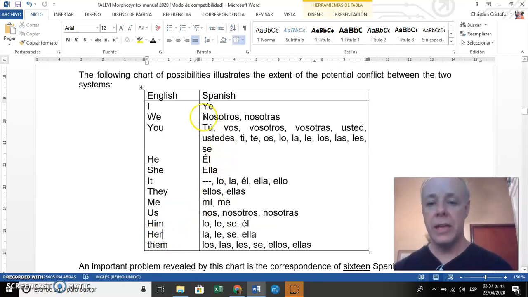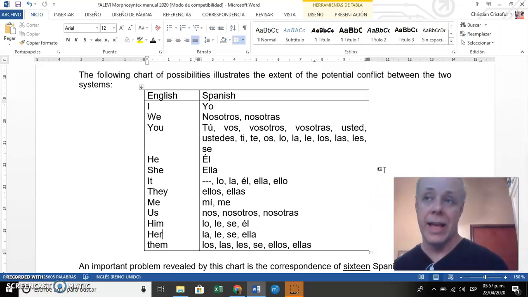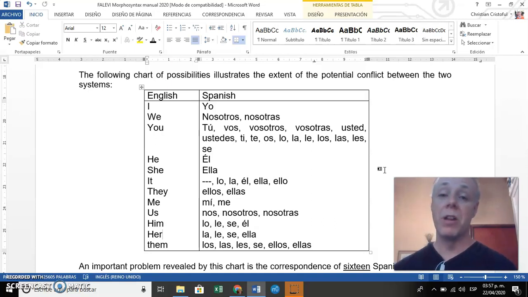And in Spanish, wow, Spanish is super rich in this comparison, a very rich system, which creates a learning problem. Who do you think will have more problems learning a foreign language? A Spanish speaker learning English or an English speaker learning Spanish pronouns? Yes, you're right. They will have more problems.